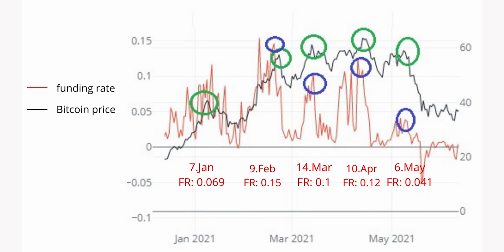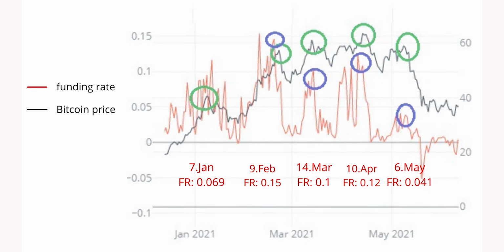On 9 February, the funding rate amount was 0.15, which is really a high amount, and after that, Bitcoin price dropped dramatically. On 14 March, 10 April, and 6 May also, the same event happened. So you see that when funding rate amount increases much more than usual, which is 0.01%, there is an alarm.